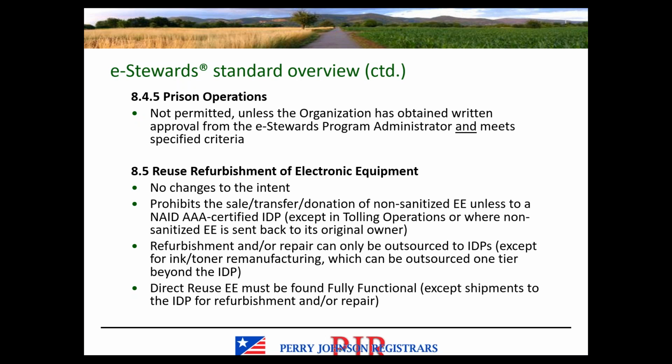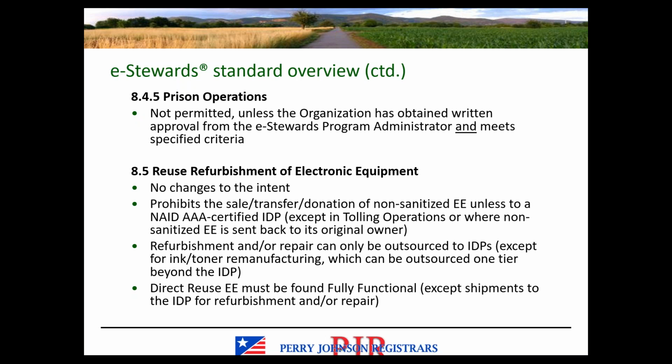Refurbishment and/or repair can only be outsourced to IDPs, so it's only going down one tier, is what that means if you take a look at the definition for IDP, immediate downstream processor, except for ink or toner remanufacturing, which can go one tier further.